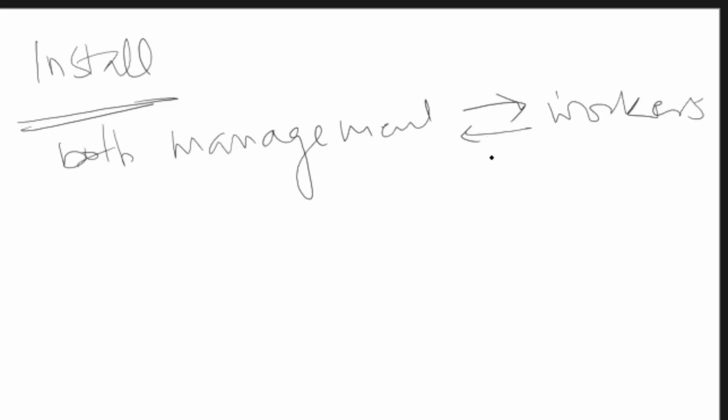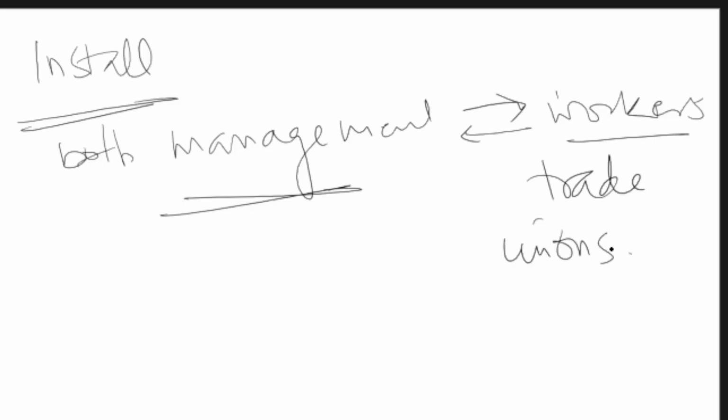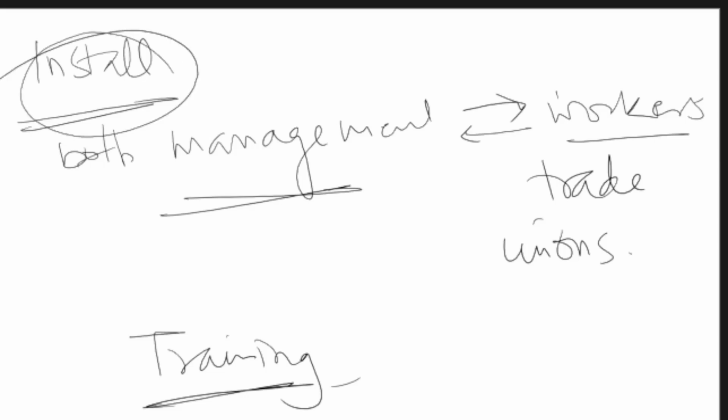So the installation stage consists of gaining the acceptance of the change by the supervisor, gaining approval by the management, then gaining the acceptance of change by workers and trade unions, and giving training to the operators in the new method. So installation will require the training part, and being in close contact with the progress of the job until it is satisfactorily executed. So the install step, out of all these steps, is the hardest step.